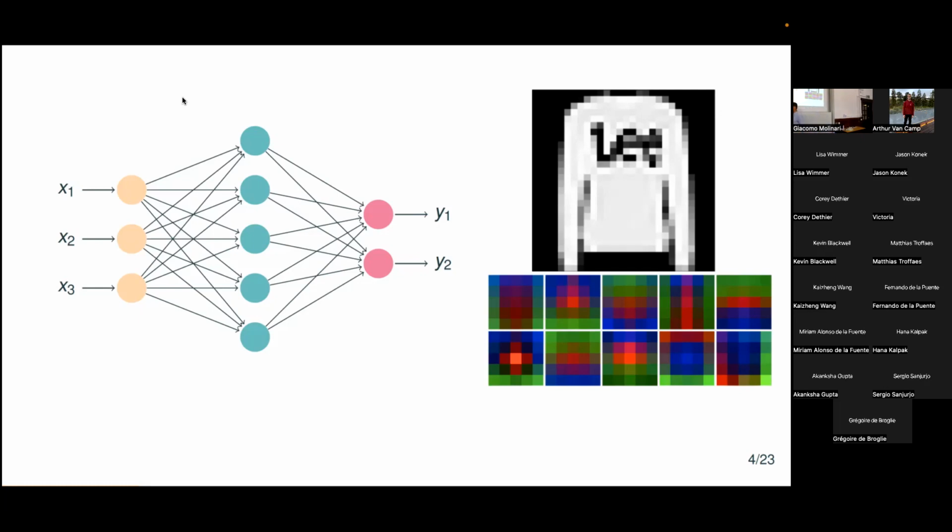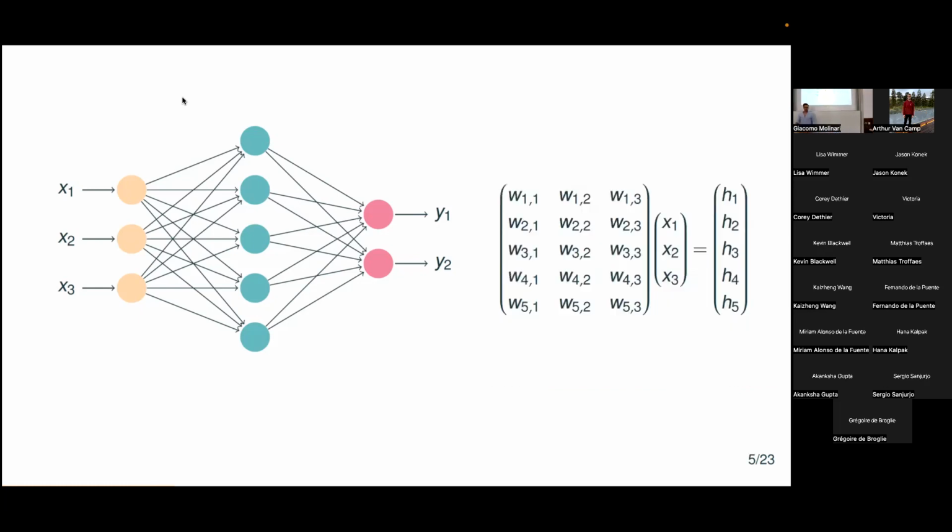A little more formally, how is that going? Well, we're representing the input here as this little column matrix. We have these weights. In our case, we have it in a 3x5 matrix.